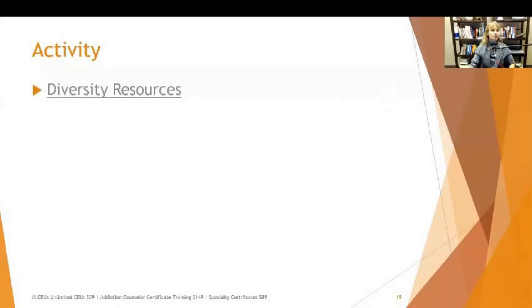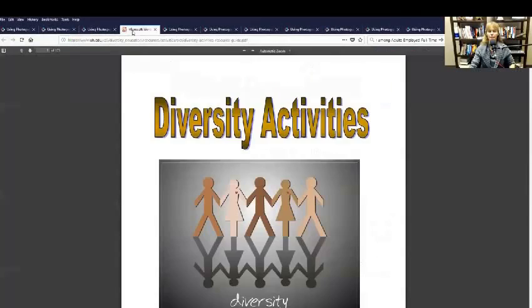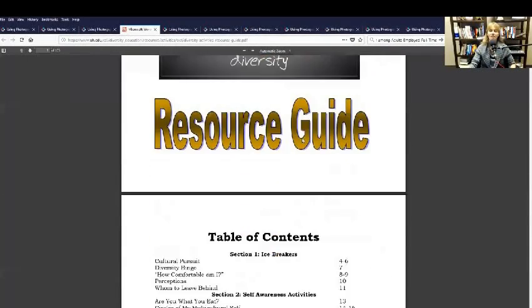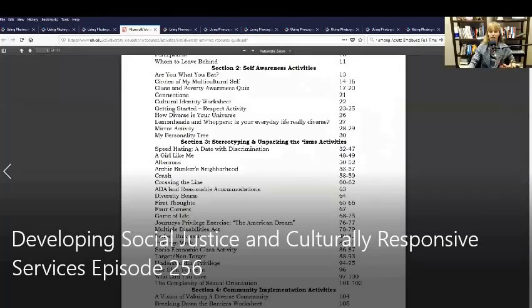So diversity resources. We're not going to go through this whole workbook because it's 105 pages, but there are a ton of diversity activities in this diversity resource guide, and it covers everything from cultural and ethnic diversity to ADA and disability. I think I really need to find this book.